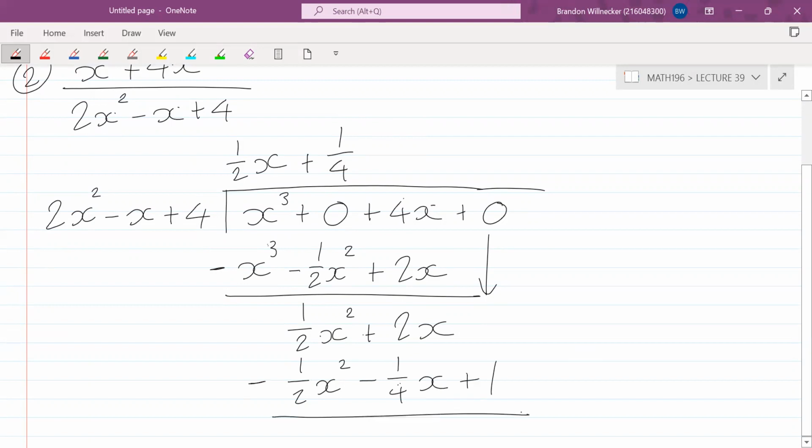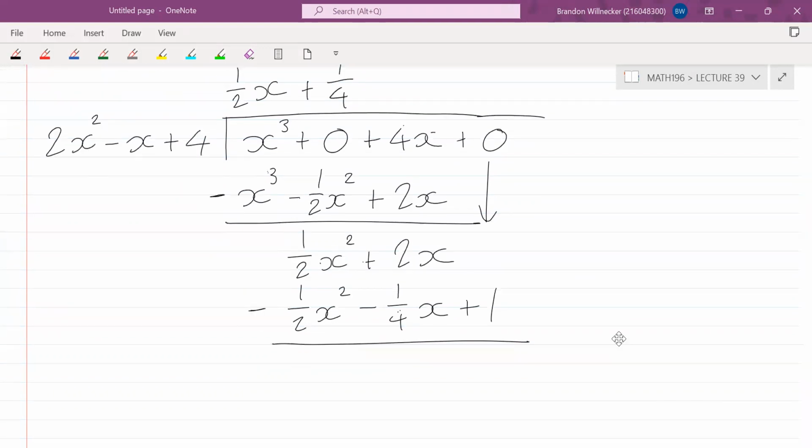And then we need to subtract. Okay, so 1/2 x squared minus 1/2 x squared, that's going to be 0. 2 minus 1/4, that's going to be 2 plus 1/4. That's going to be 9/4 x, and then 0 minus 1, that's just minus 1.